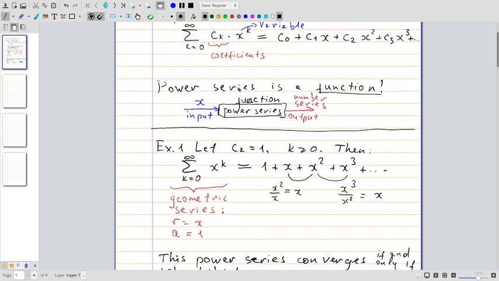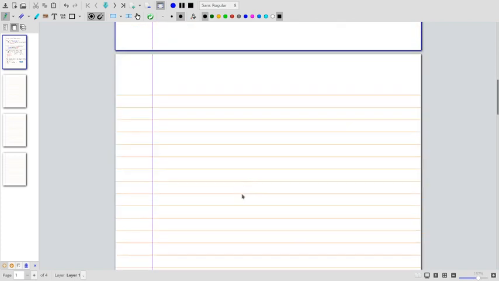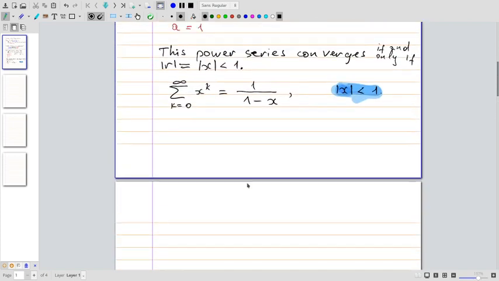Now, in here, we just summed up c_k x to the power k. It is often useful to shift this variable x by a constant. So let us give another definition.